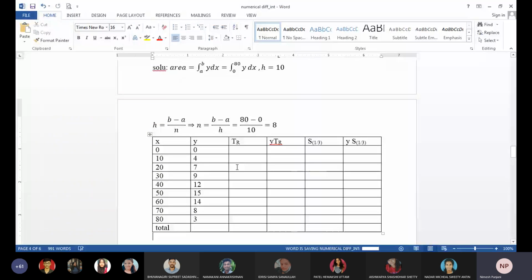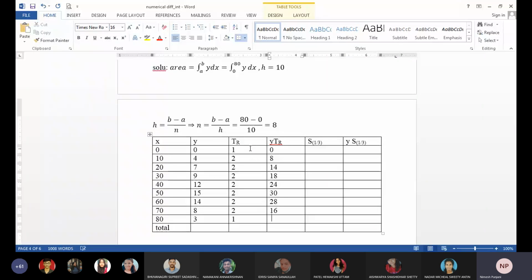Now TR means उसका coefficients. तो coefficients का पैटर्न हम लोग ने देखा था. फर्स्ट एंड लास्ट 1 है, बाकी सब 2 है. That is my TR का पैटर्न. Then y into TR. This kind of sums would be very easy, क्योंकि यहाँ पे तुम लोगों को खाली बेसिक अरिथमेटिक कैलकुलेशन ही करना है.